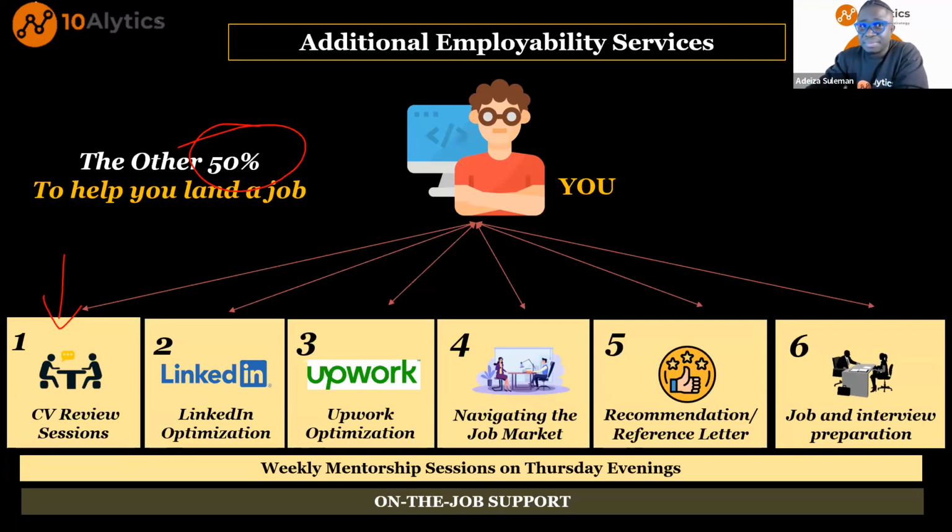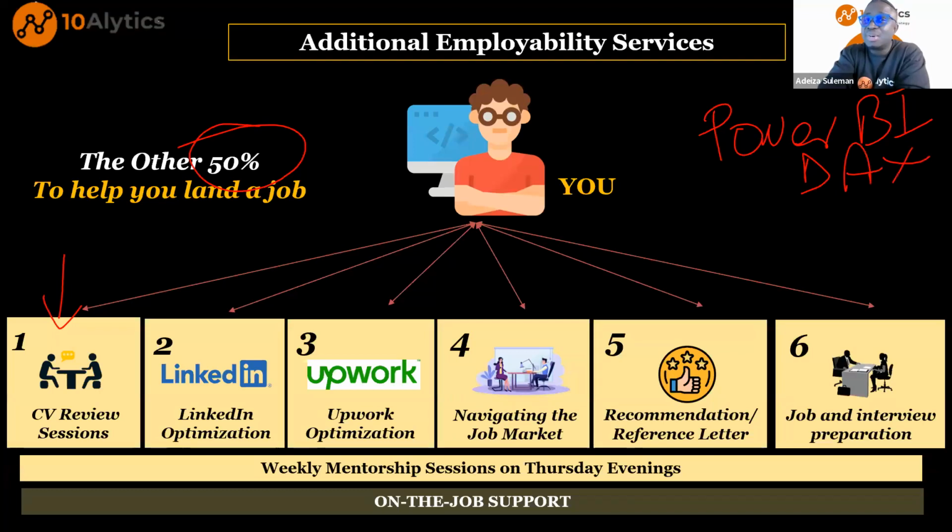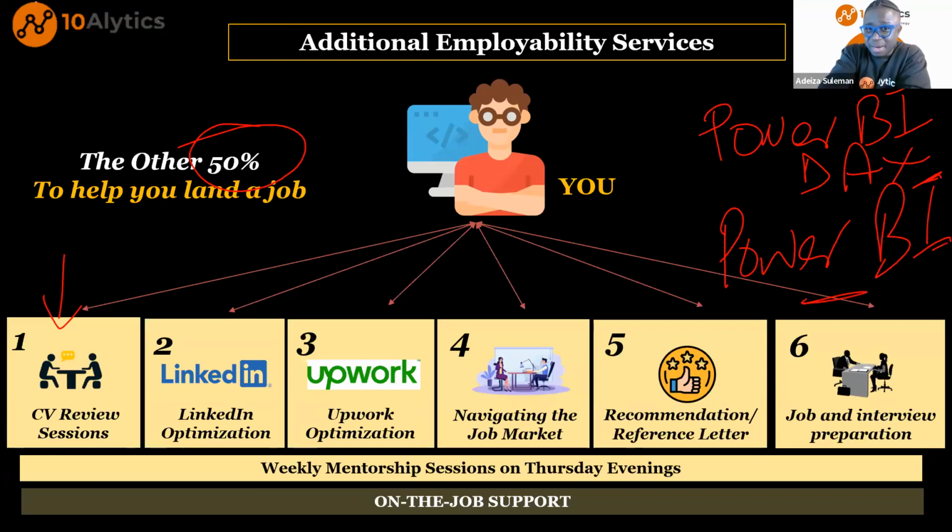If a job description says we need somebody that knows Power BI, DAX, for example, and on your CV you have Power BI, there is a high tendency that this Power BI that you have on your CV would not be recognized.